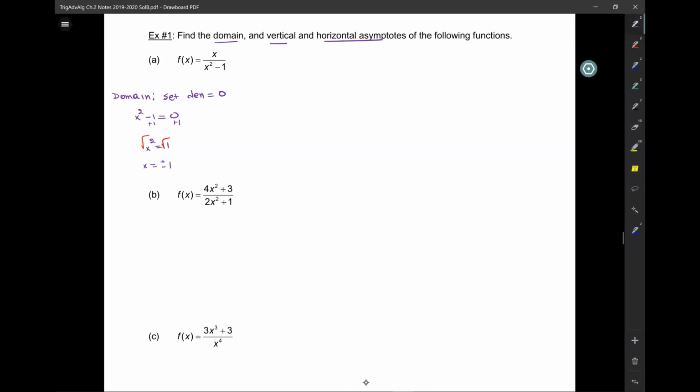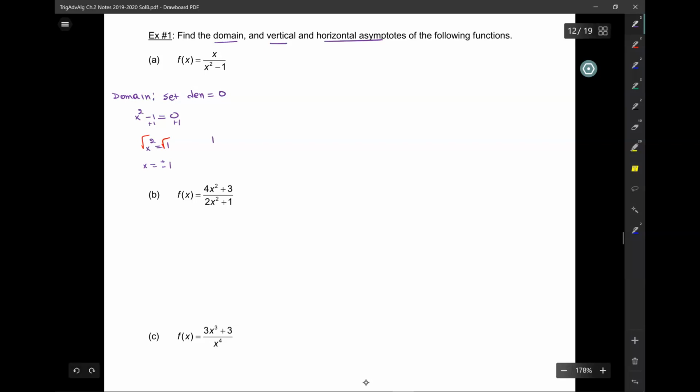Okay, what does that mean? That means these are the points where the denominator equals 0. So the domain is the reverse. It's all numbers except plus or minus 1. How do we write that?